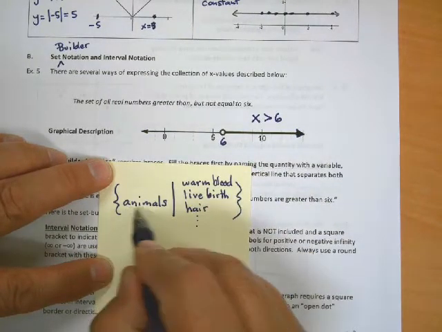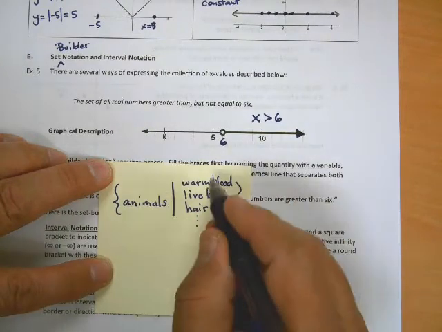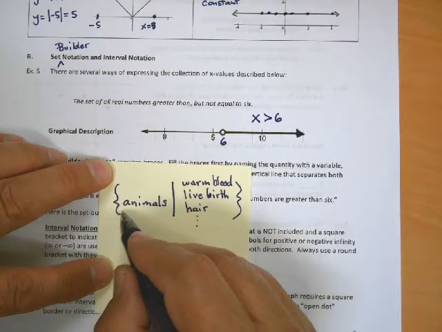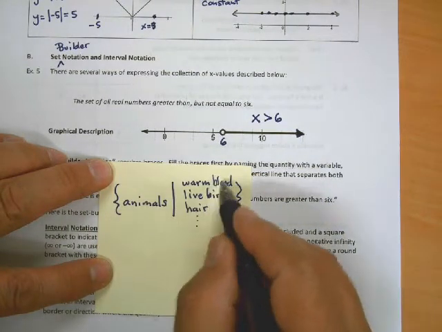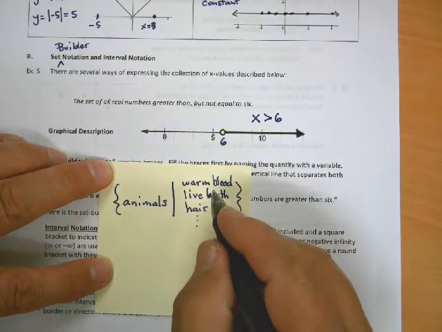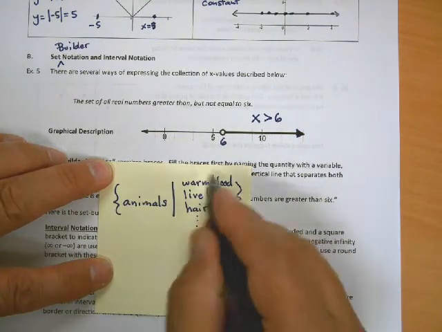You've narrowed this group of animals by putting further information over here. And you say the set of all animals such that they have warm blood, live birth, hair. There's other stipulations, but all of these are true of mammals.